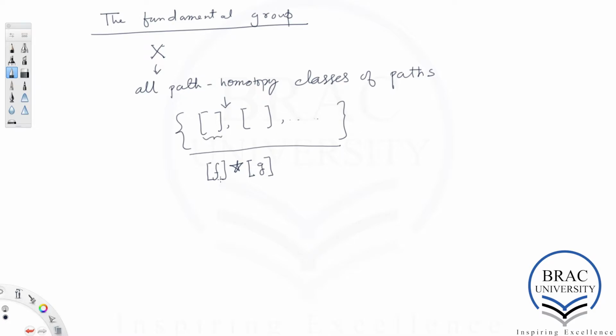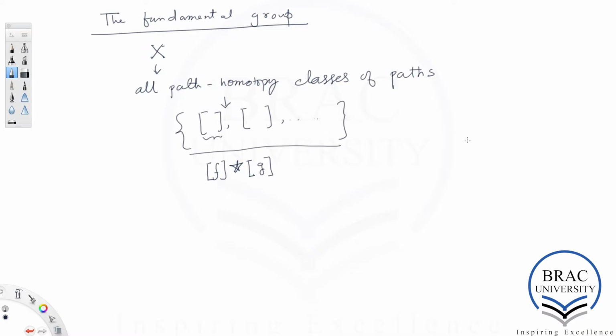It requires the path F to have the final point be the same as the initial point of the path G, and if it is not satisfied, then we cannot take the product of two paths in this class. But this problem can be fixed in the following way.